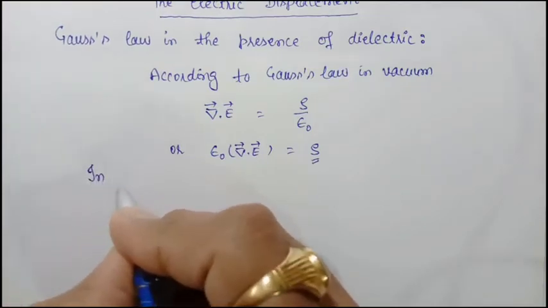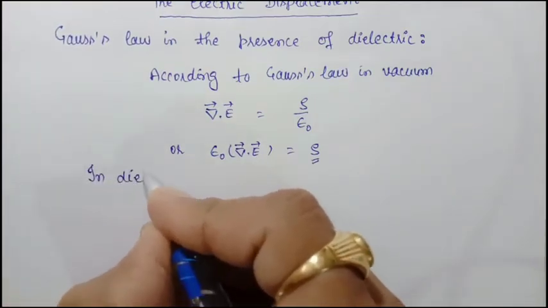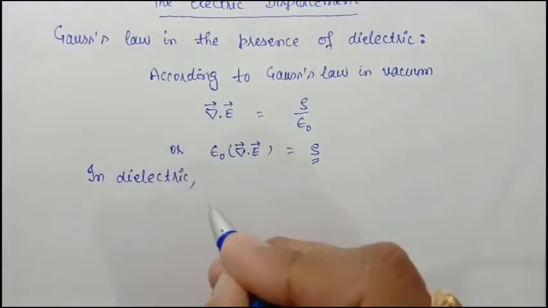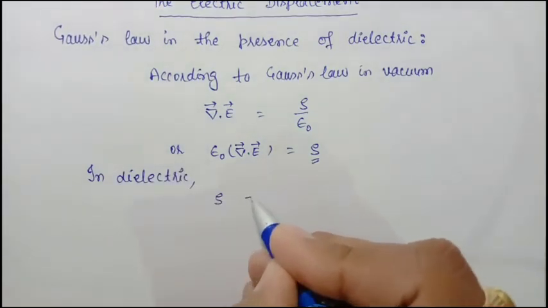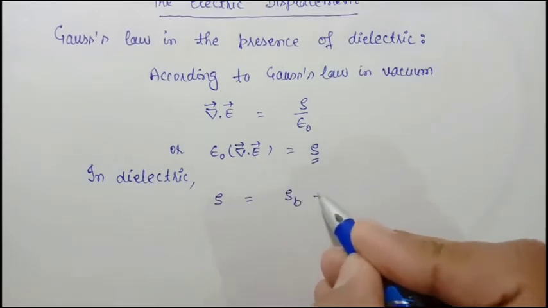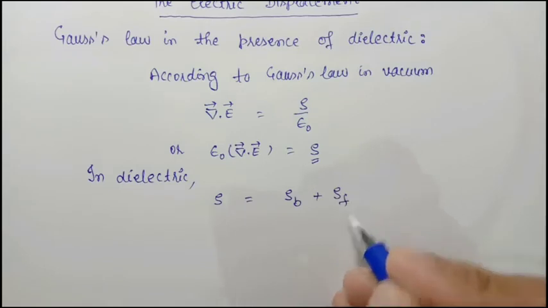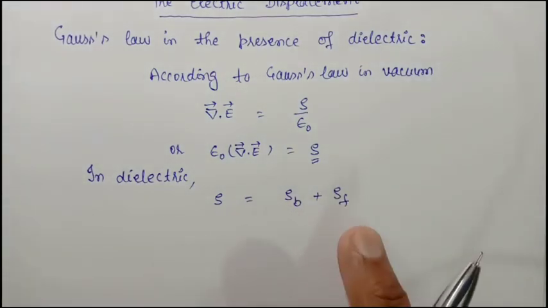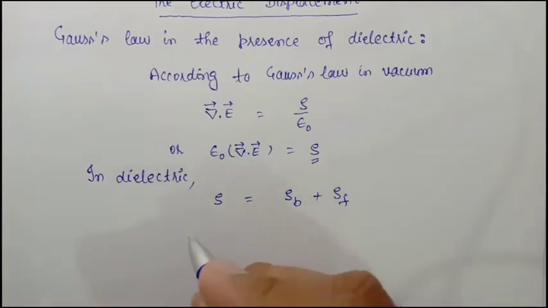So here in case of dielectric, this volume charge density is equals to the sum of rho B plus rho F, that is charge density due to bound charges and charge density due to free charges.